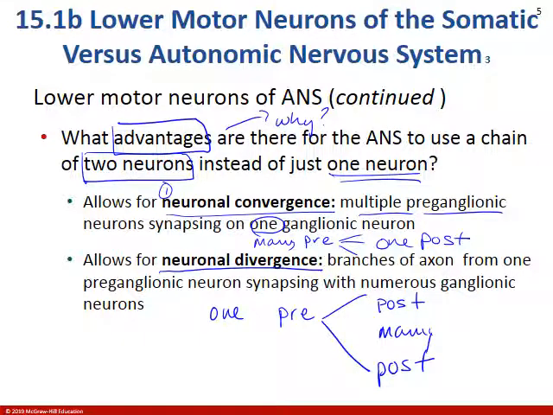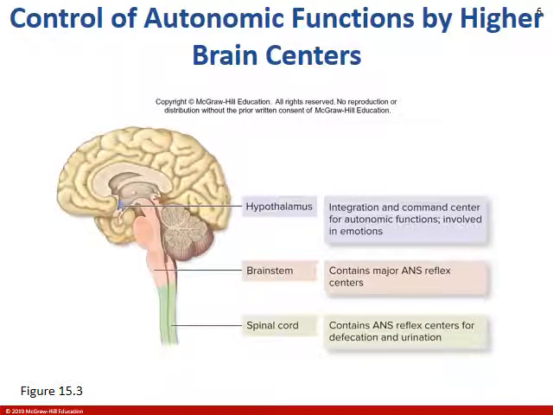So you can see how this would overlap information, and this would allow for one signal to reach out and basically talk to several different posts that would all have cumulative effects. And I'll show you some examples as we move through the PowerPoint.